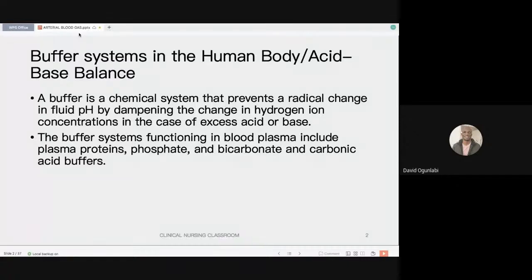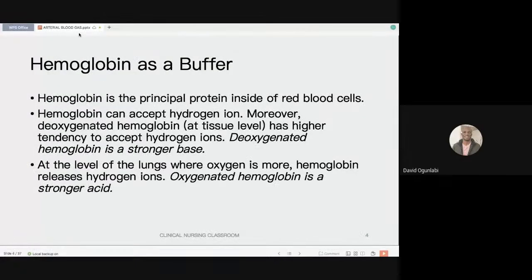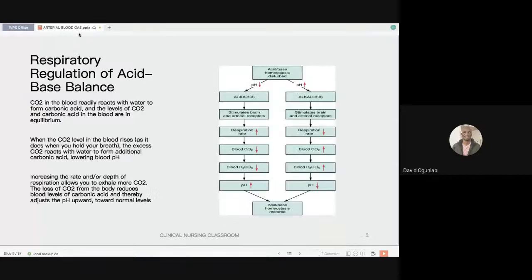Our focus today is arterial blood gases, and the buffer systems that affect the ABG are the bicarbonate and carbonic acid buffers. So I will just go straight into that. Now let's talk about respiratory regulation of acid-base balance.